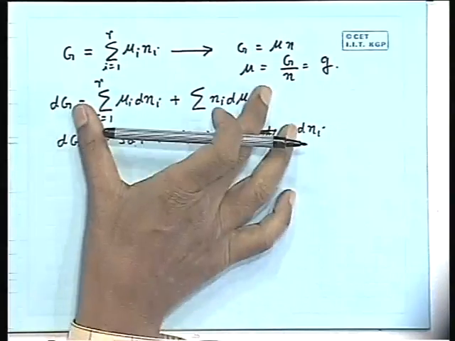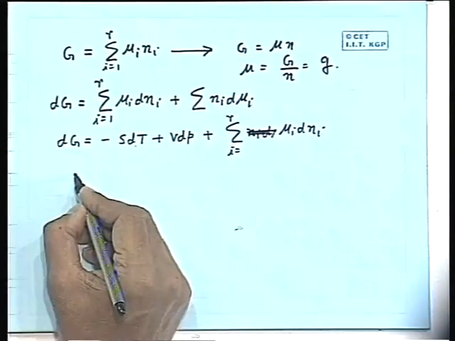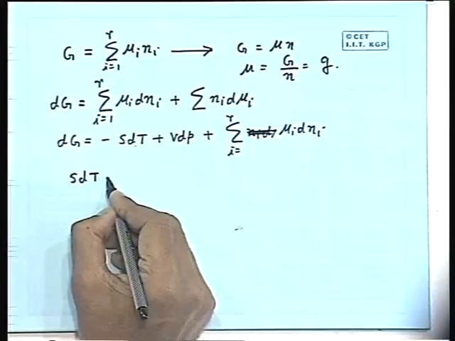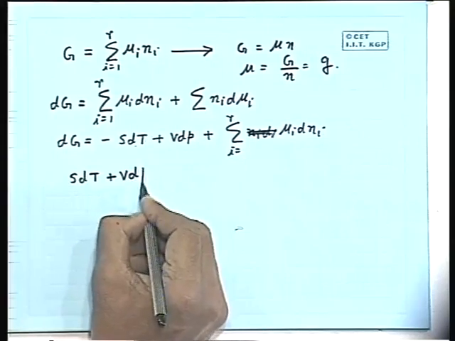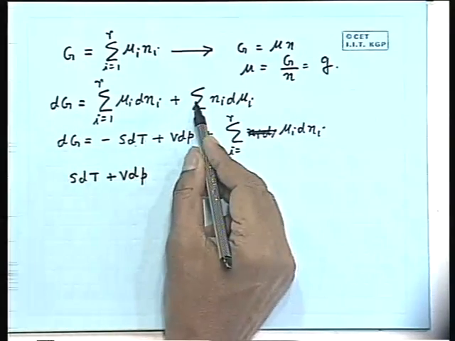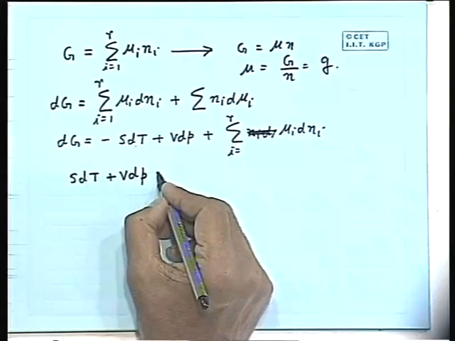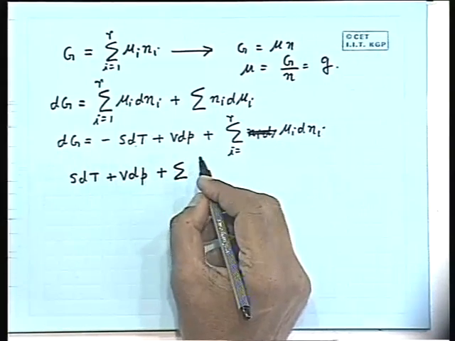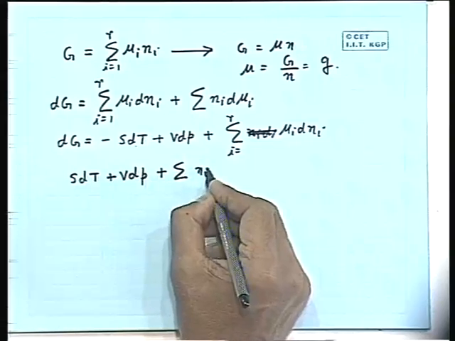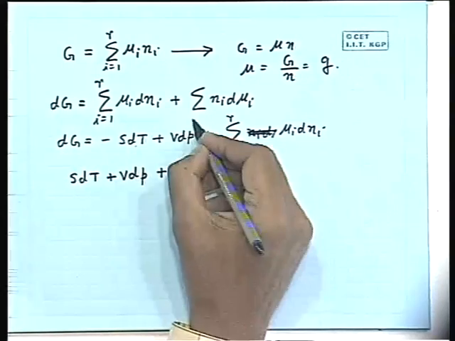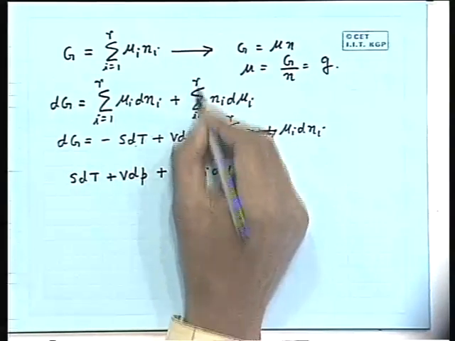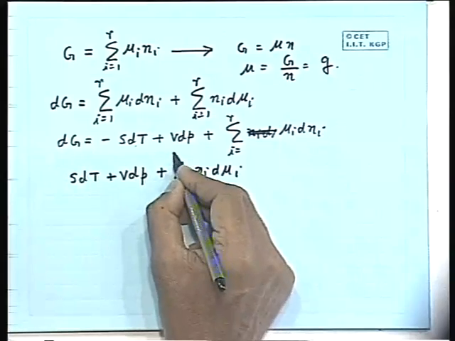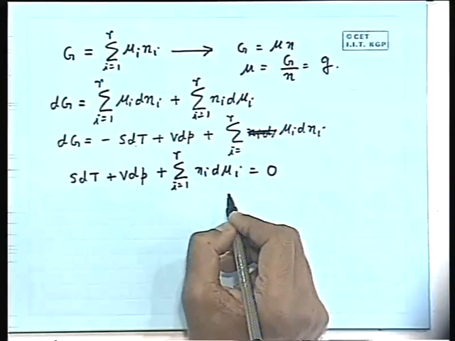Now if we compare these two expressions for dG, they are equal, that means the terms minus S dT plus V dP, plus the summation of n i d mu i, with i equal to 1 to r, is equal to 0.